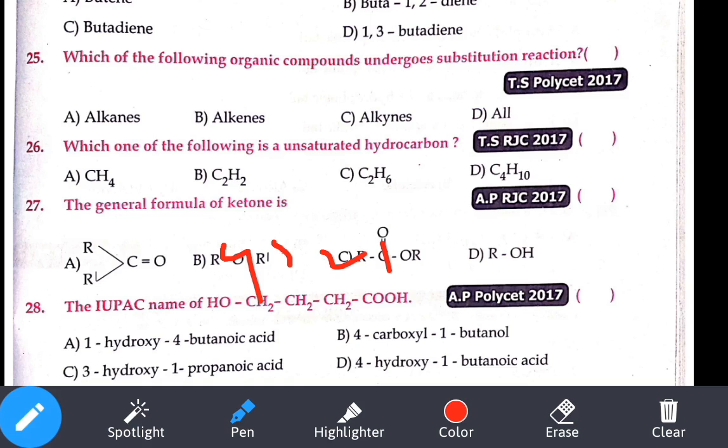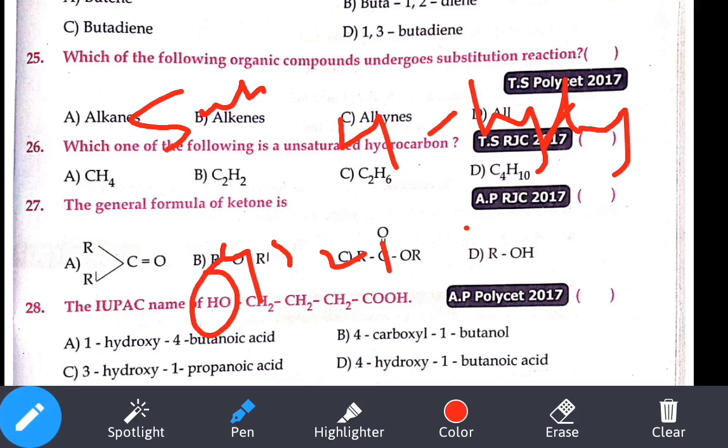What is the step by step process to name the compound? First, we have to see whether any substituents are there or not. Yes, as I said, this OH will act as a substituent now. OH means hydroxy. On which carbon? Fourth carbon. So you write 4-hydroxy hyphen. Then we see whether it is a cyclic compound or not.